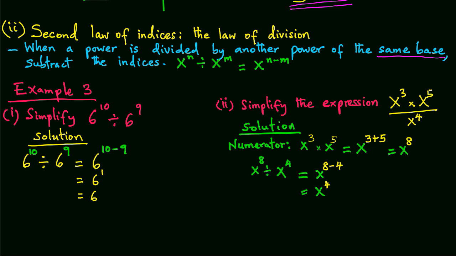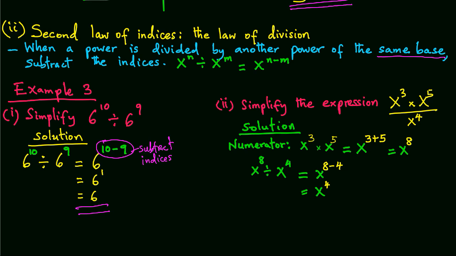In this case, the solution will be 6 raised to power 10 minus 9. Again, we are subtracting the indices. This would give us 6 power 1, which is 6.